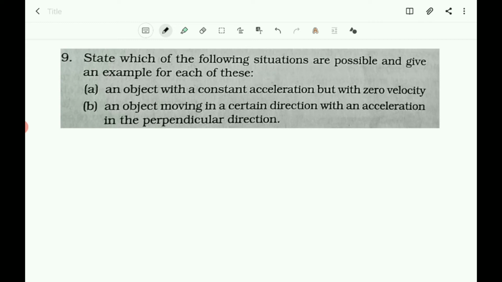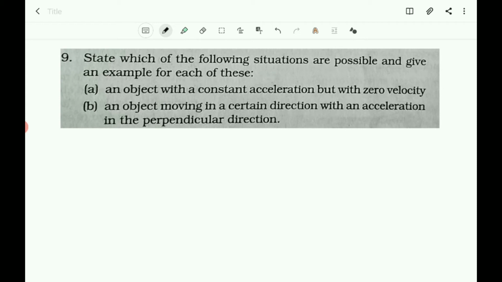So the first case, you know that when an object is thrown vertically upward, it reaches some height, and at that height the velocity will become 0, but it will be under the influence of the constant acceleration, that is acceleration due to gravity.